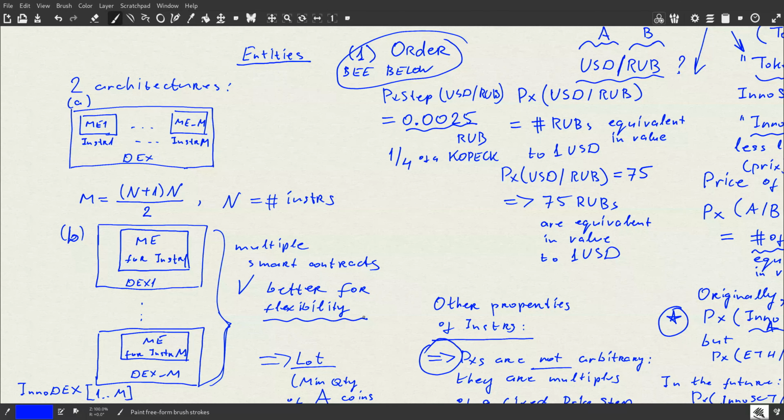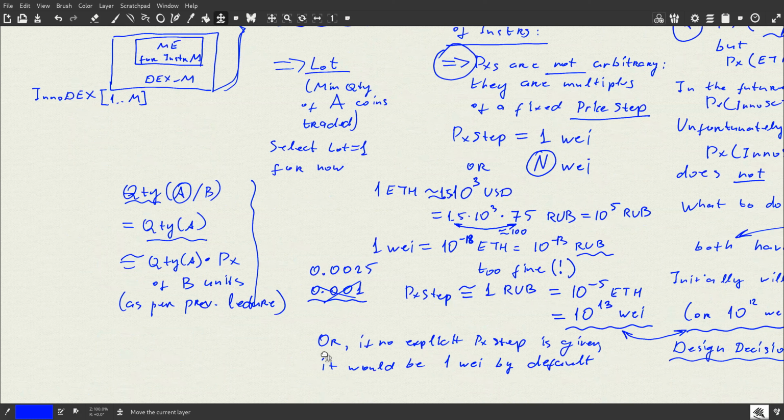No, if not, then let's settle that we're going to use architecture B. Fine. So now we really need to discuss what orders are and what the matching engine is. So let's move down and we will discuss that.